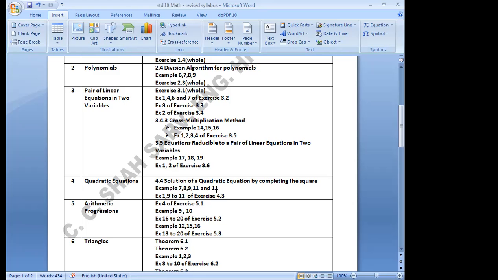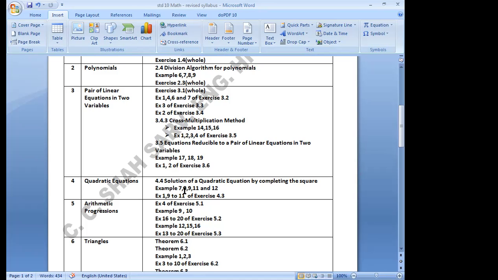Actually here I have written up to 12, but 13, 14, 15, that is, sorry, 12 I told you is excluded. Example 13 on page number 85 is included, sorry. 85, example 13 is included. 86, example 14 is included. 87, example 15 is included.